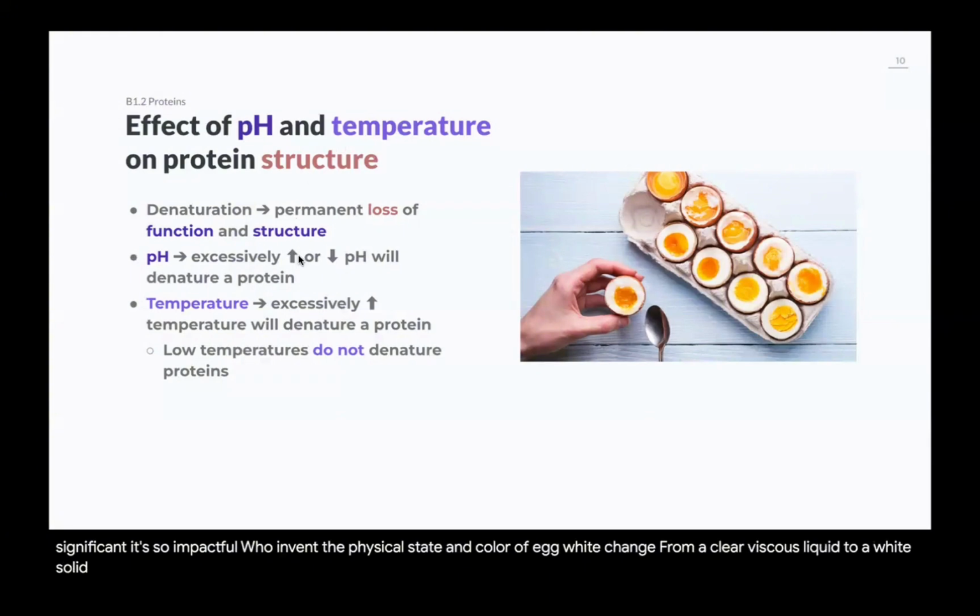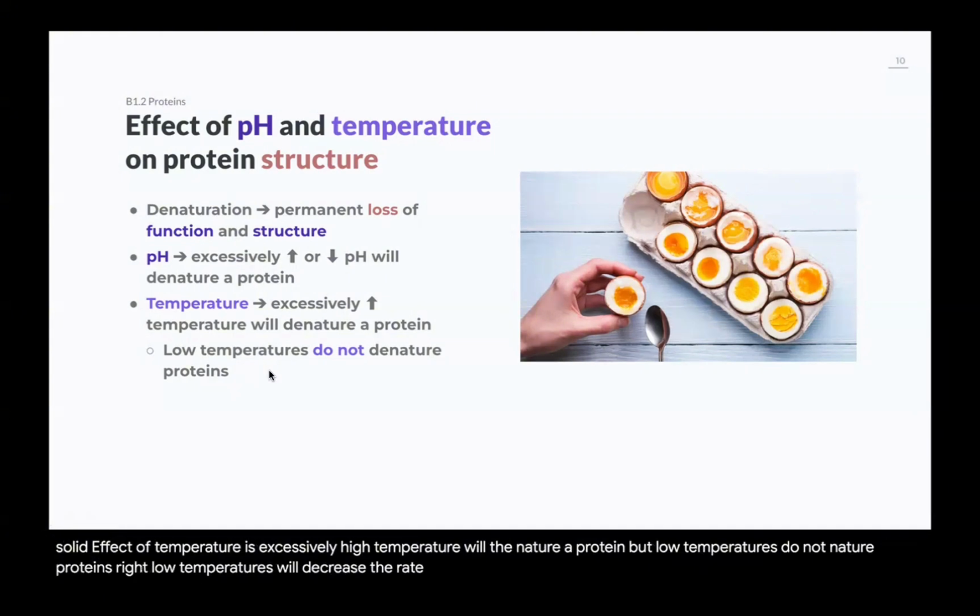So the effect of temperature is that excessively high temperature will denature a protein, but low temperatures do not denature proteins, right? Low temperatures will decrease the rate of enzymatic reactions, will make enzymes work more slowly, but they will not permanently alter the shape of the protein.